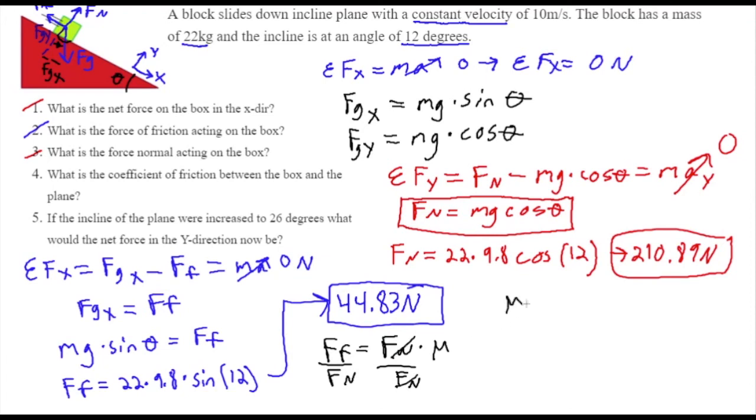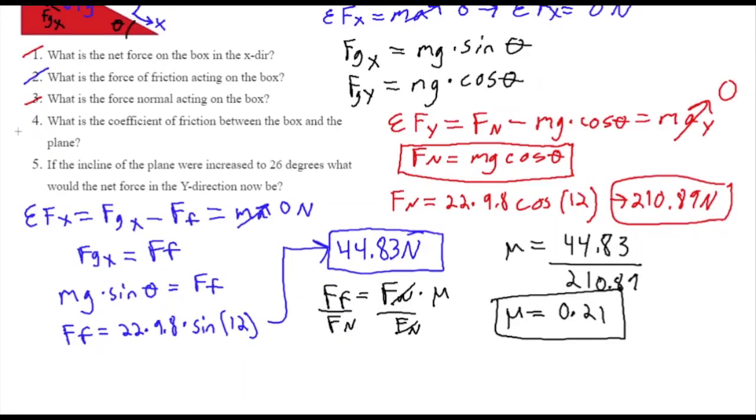And I get mu is equal to force friction, 44.83, over force normal, 210.89. I find out that my mu should be equal to 0.21. Remember, mu is unitless. There's not going to be any units of mu, so it's just 0.21.